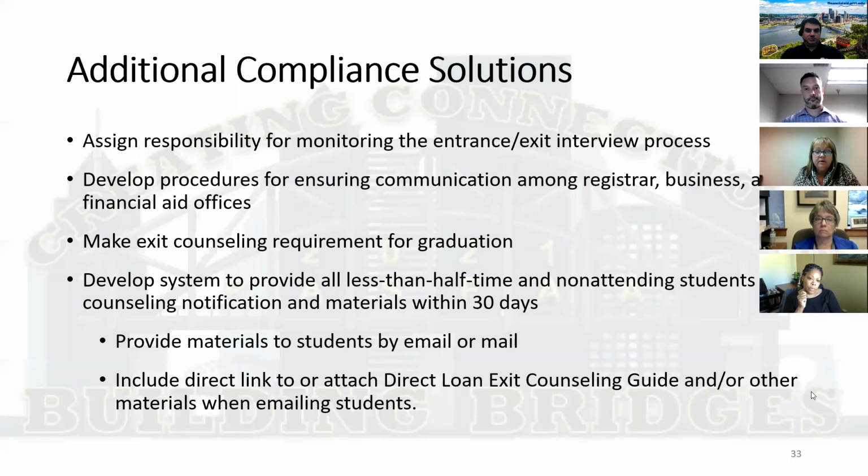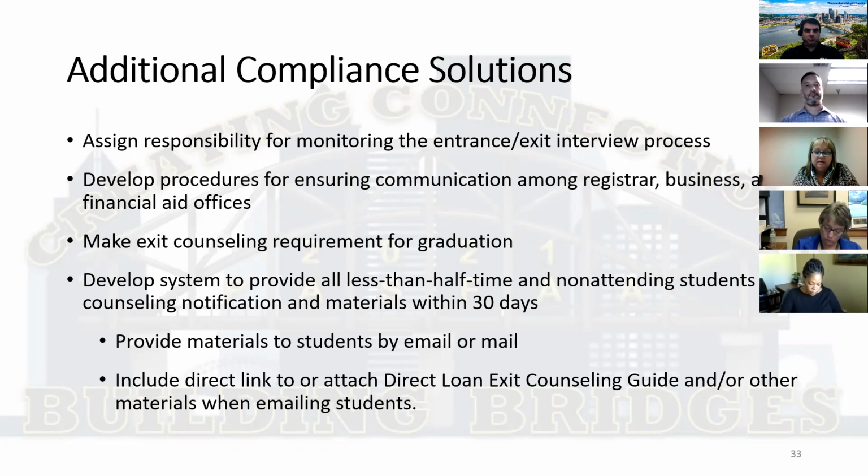You can develop your own system to provide that less than half-time or non-attending students get that exit counseling material within 30 days. And if they haven't completed it, making sure that you're emailing them and mailing them, making an attempt to get them to do it, not just once, but two to three times.